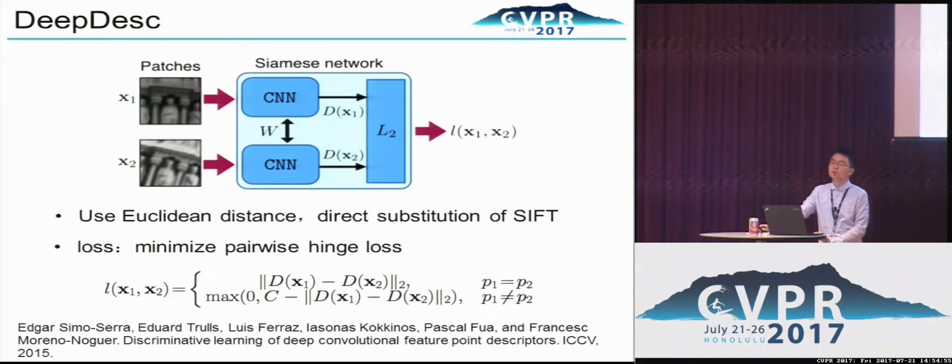Its main contribution is a network training strategy based on mining hard samples. Such a training strategy can effectively alleviate the problem of the extremely unbalanced training state in the patch matching problem.